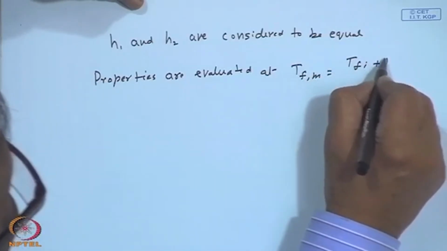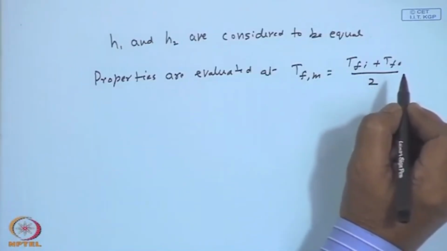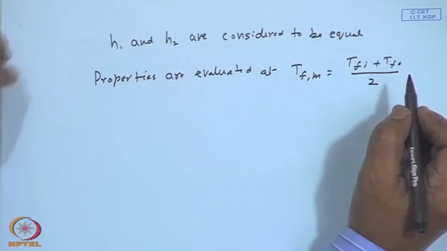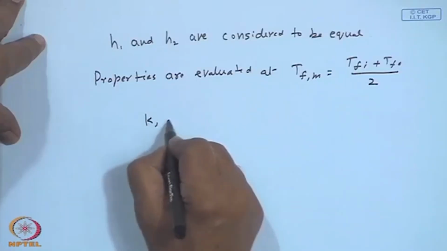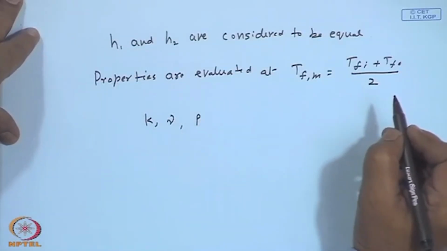If the fluid inlet temperature is T f i and the exit temperature is T f o, the mean temperature is T f m, given by just the arithmetic mean, T f i plus T f o upon 2. So, the property values like thermal conductivity K, kinematic viscosity nu, and if necessary density rho, all of them are calculated for the fluid at the temperature corresponding to T f m.